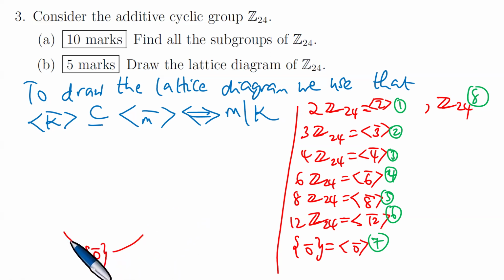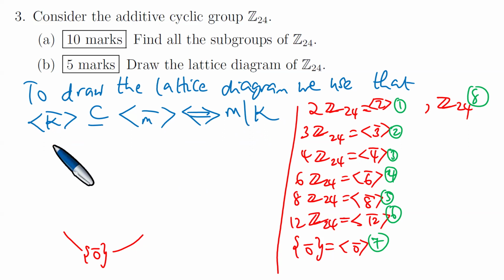But as said, to draw a lattice diagram, we use the fact that the subgroup generated by K bar is a subset of this one if and only if M divides K. The bigger one divides the smaller one. It's counterintuitive, but yeah, in that sense.